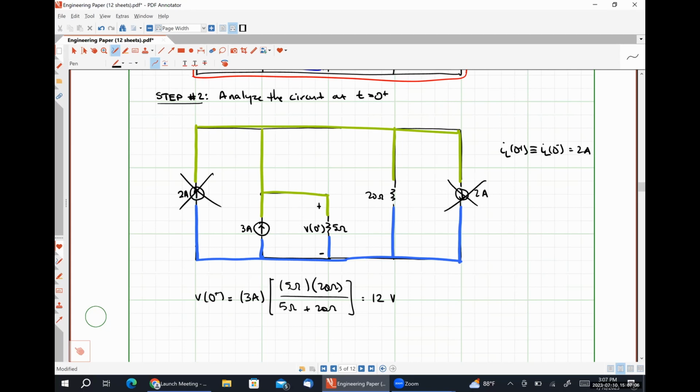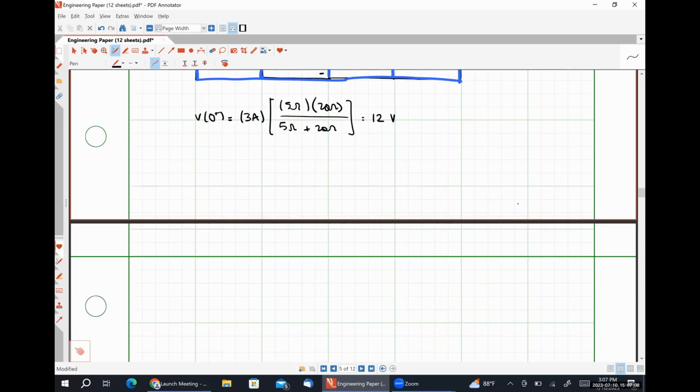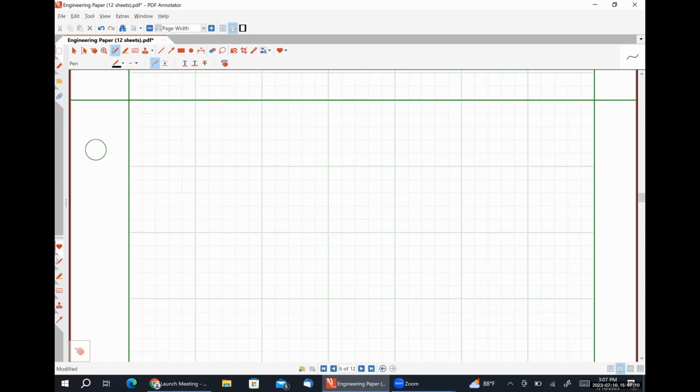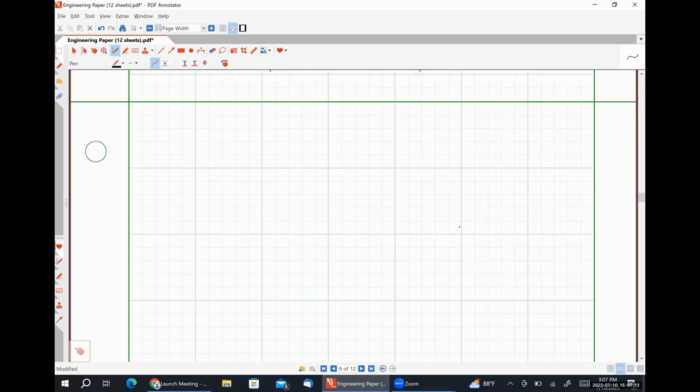All right, so let's look at step number 3. Analyze the circuit at t is equal to infinity, and this is the first time that we're going to get a non-zero answer. So at t is equal to infinity, our switch is still going to be closed.